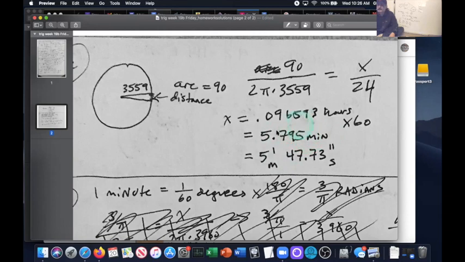And then I took the leftover decimal, multiplied by 60 to get the exact minutes and seconds. So if you're in Miami, it's going to take a little less than 6 minutes before the light reaches Tampa. Now, I think the actual town in the problem was Naples, Florida.